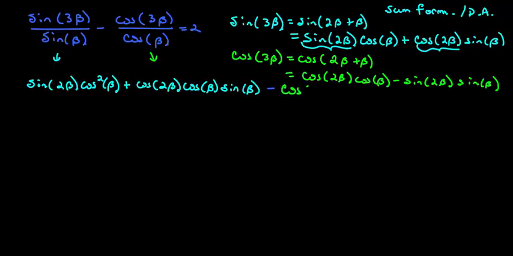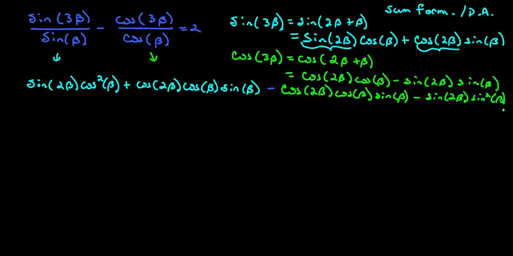So that'll be cosine 2 beta cosine beta. Oops, we're going to multiply that guy by sine times sine beta minus sine 2 beta times sine squared beta.